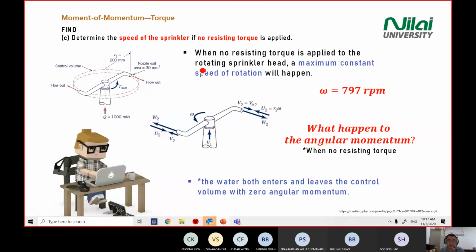It explains the relationship between angular momentum and the torque. When there's no resisting torque, you don't have angular momentum.